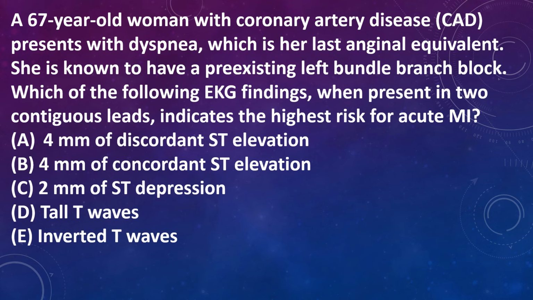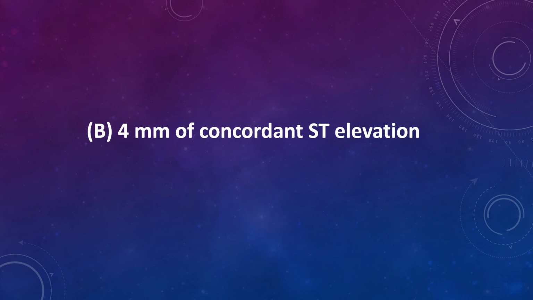A. 4 mm of discordant ST elevation. B. 4 mm of concordant ST elevation. C. 2 mm of ST depression. D. Tall T waves. E. Inverted T waves. B. 4 mm of concordant ST elevation.